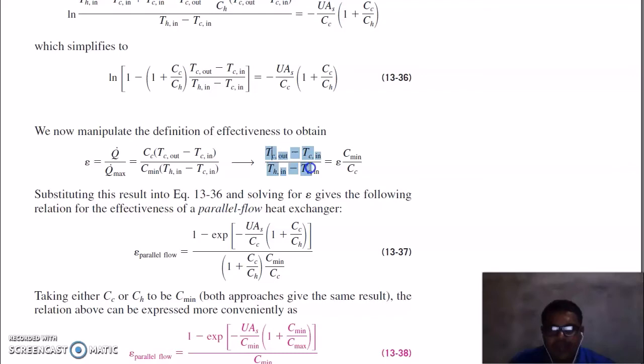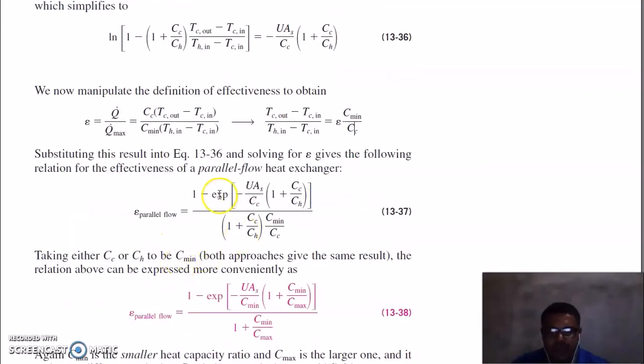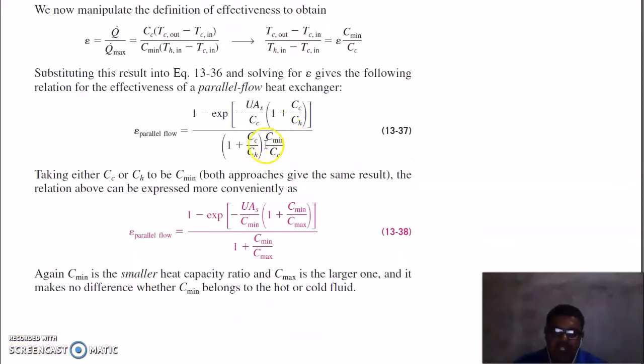Now replace this term, which is here, with this value. So put it here and, on rearranging, you will get this equation: the effectiveness for parallel flow, which is this, on rearranging.